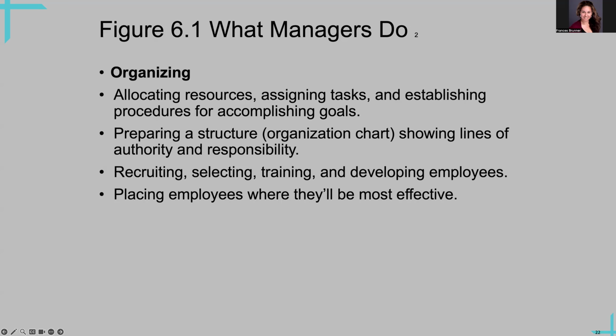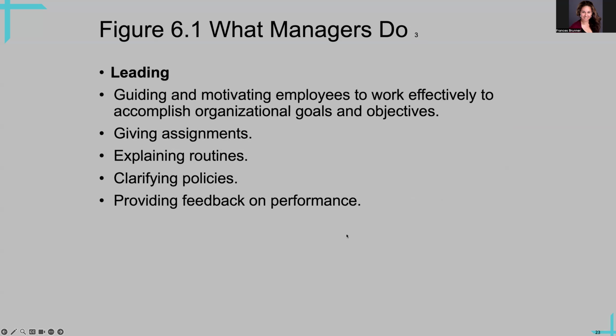Preparing the structure at the top level of the organization would be developing the organization chart. Middle and lower managers would organize who does what on their teams in order to fulfill operational duties. It also includes training, recruiting, and selecting employees and putting them in positions where they will be the most efficient and effective.